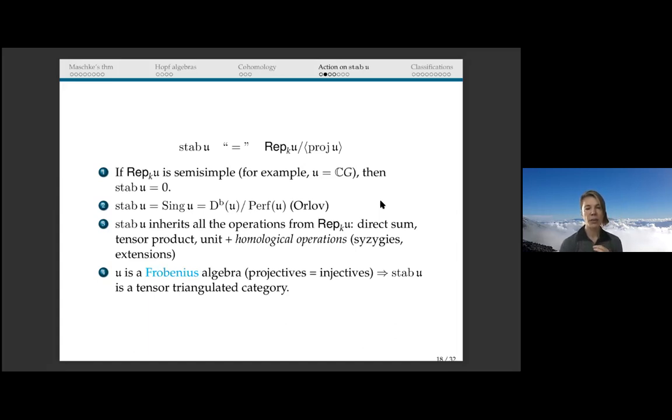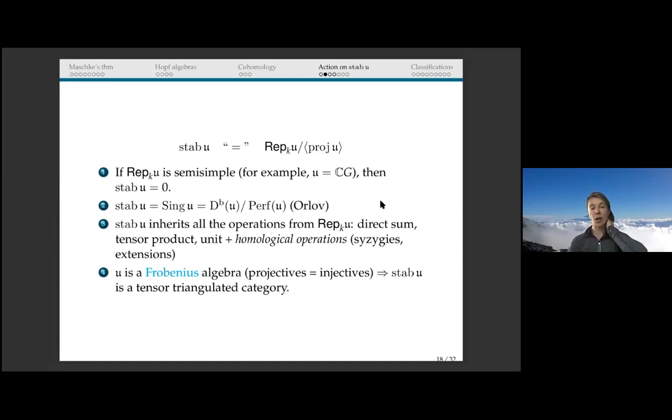The notation, I believe, was introduced by Orlov, although this goes way back to a very famous unpublished manuscript by Buchweitz, which I think is still unpublished, even though it sort of exists on the web, where this construction first showed up and where it was first proven that these two things are the same, where you just take your abelian category and mod out projective objects, or if you actually do it formally in the derived setting.